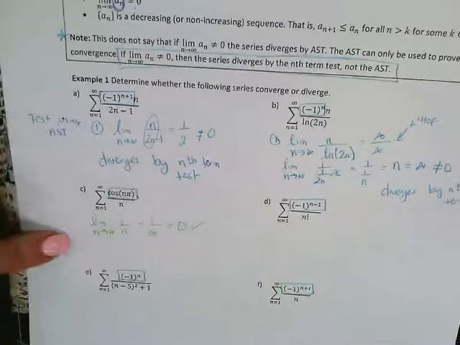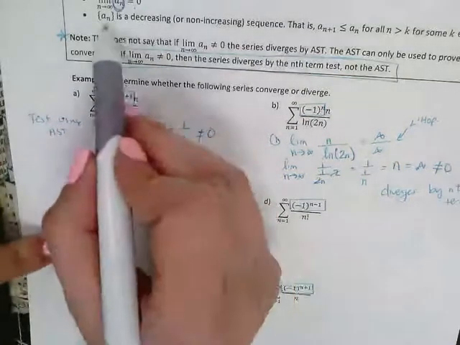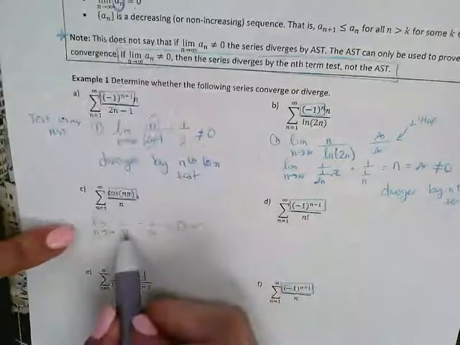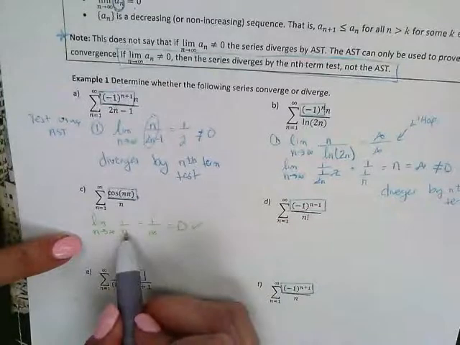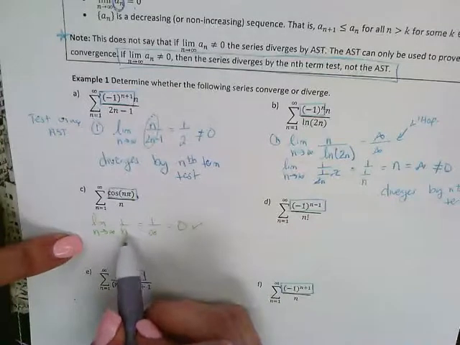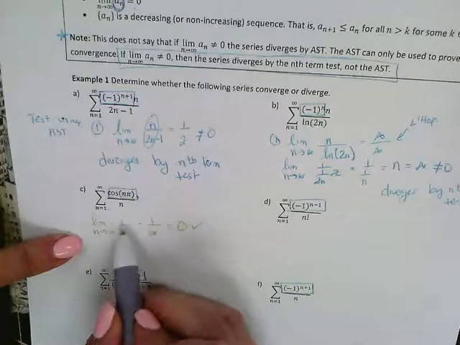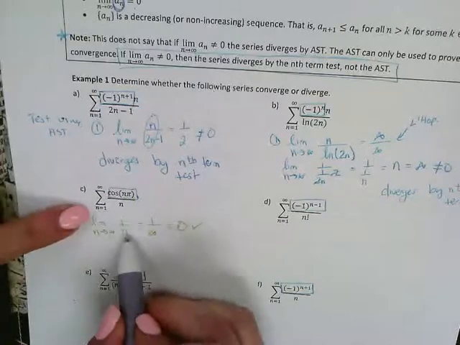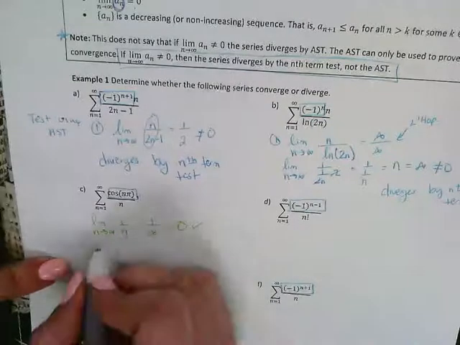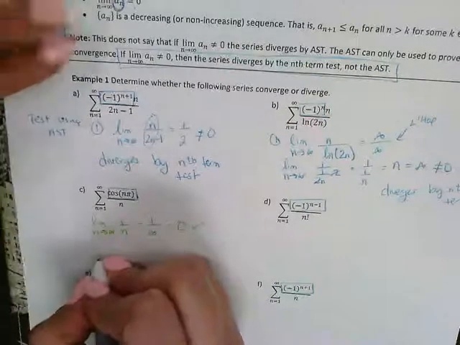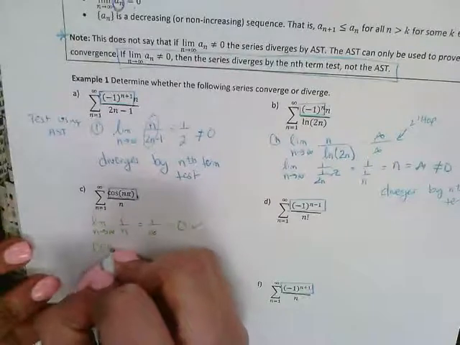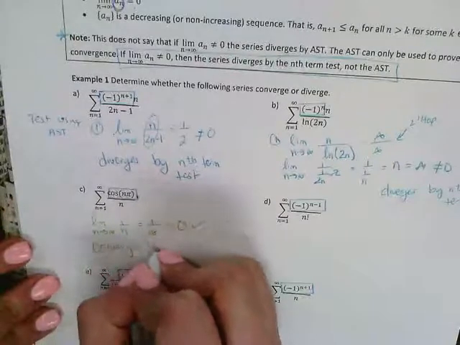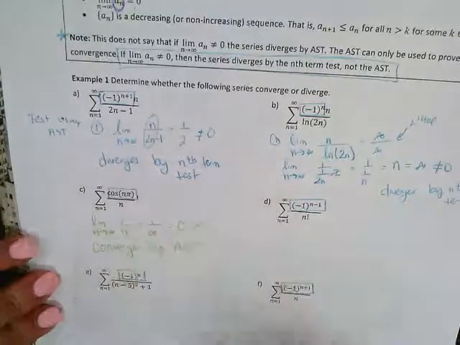So far it converges by AST, but now we've got to make sure that this is a decreasing sequence, and it is, because when you plug in 1, it's 1. When you plug in 2, it's 1/2. When you plug in 3, it's 1/3, and so on and so forth. So it satisfies both conditions. So this converges by AST.